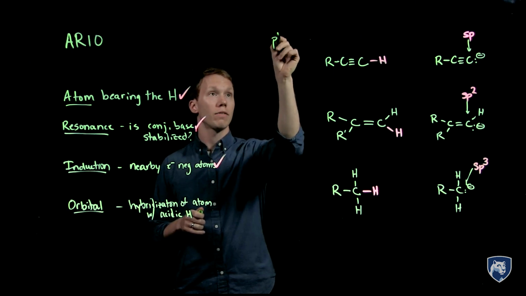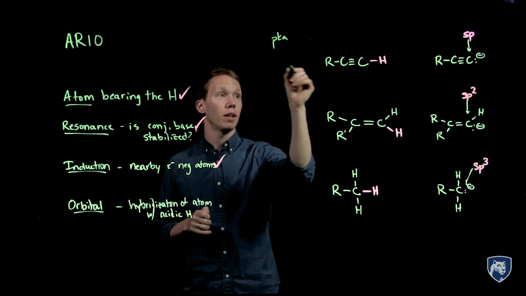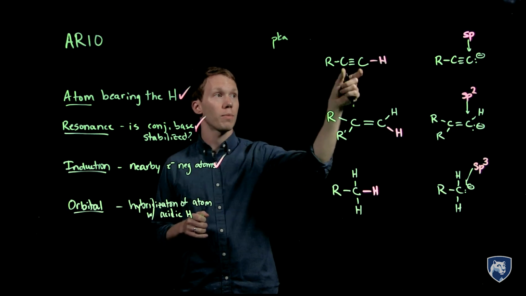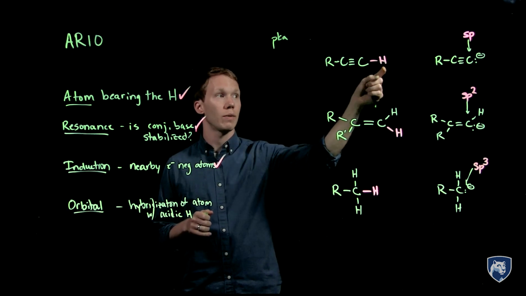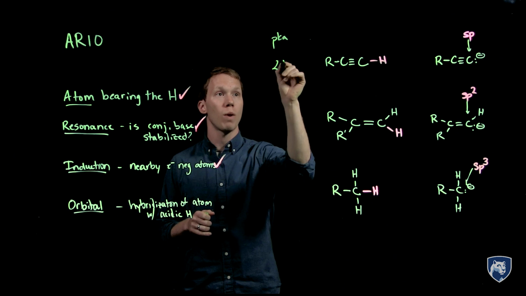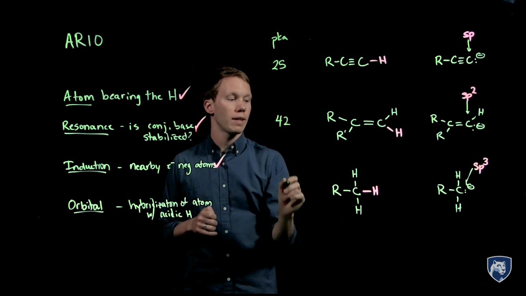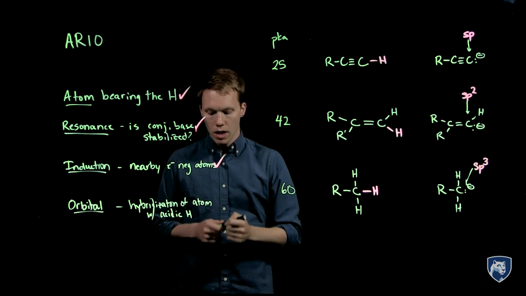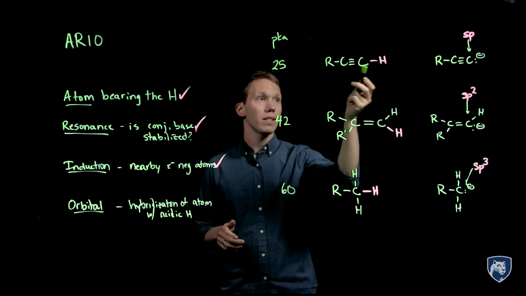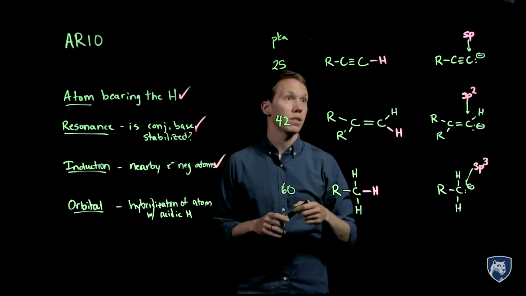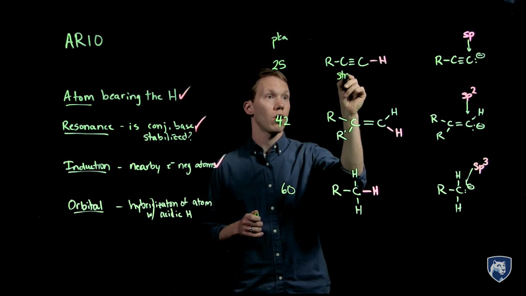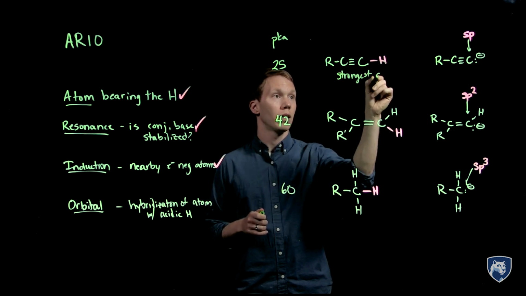So the pKa for the terminal alkyne, a terminal alkyne would be at the end of a chain, and that's the only way you'd have a hydrogen out here, is about 25, okay? An alkene is about 42, and then an alkane is about 60. So the alkyne is the most acidic, meaning this is the most stable, okay? So this is the strongest acid.